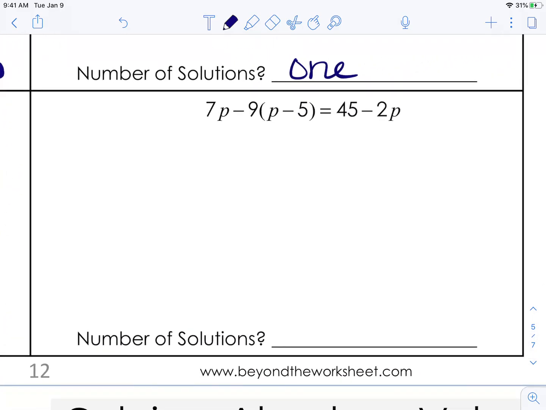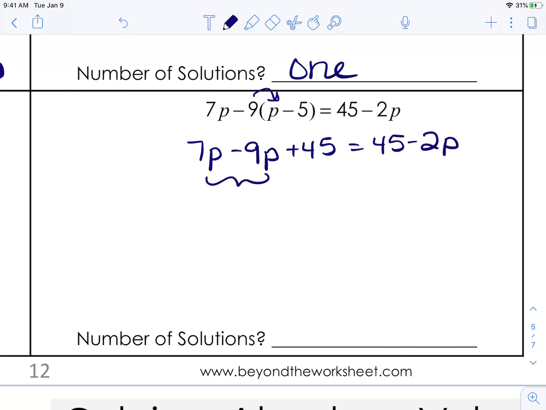Last example, we're going to distribute our negative 9 right here, so we have 7p minus 9p plus 45 equals 45 minus 2p. Combine like terms right here. Negative 2p plus 45 equals 45 minus 2p. My variables are the same, so I get rid of them.